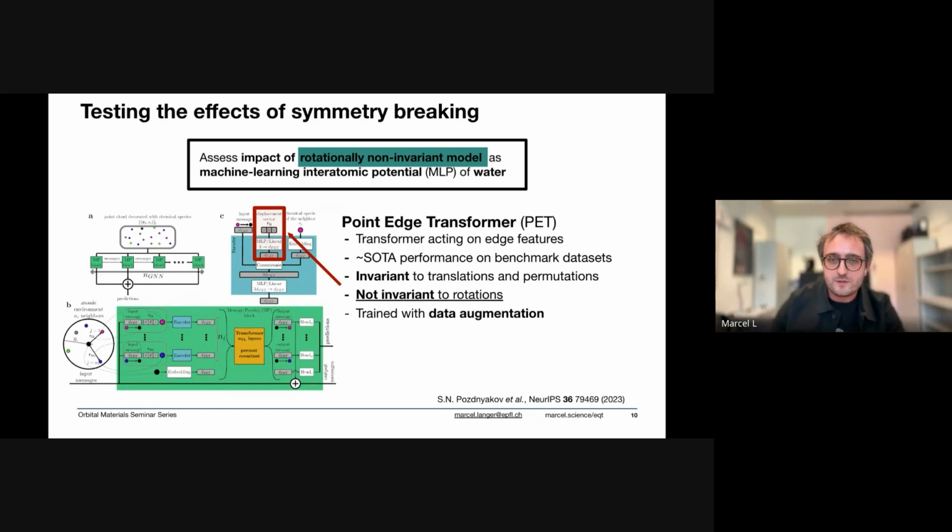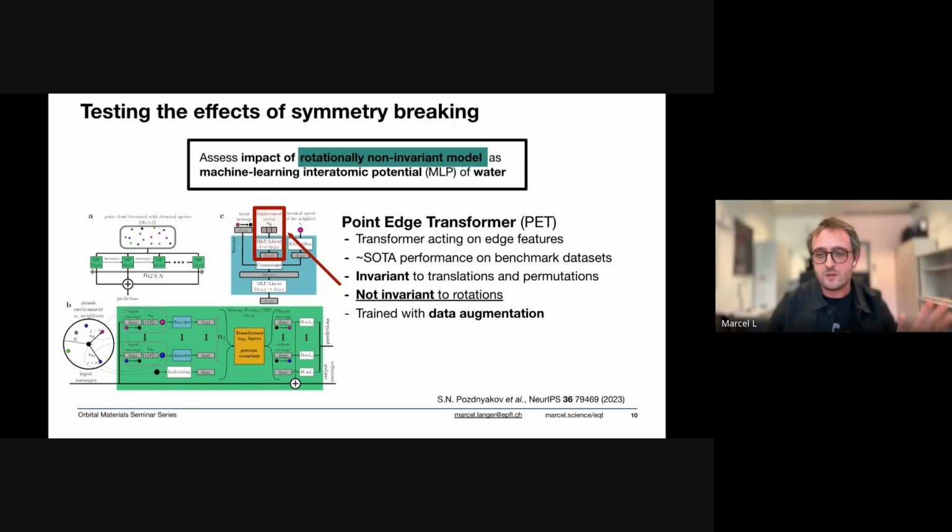And the relevant part for today is if you look into this architecture diagram in this box that I have drawn in red, you see that into the edge featurization, we put the displacement vector Rij, and this just gets put into a multi-layer perceptron. And at this point, we broke rotational invariance because we have stopped labeling this array of numbers that comes out with any geometric meaning.